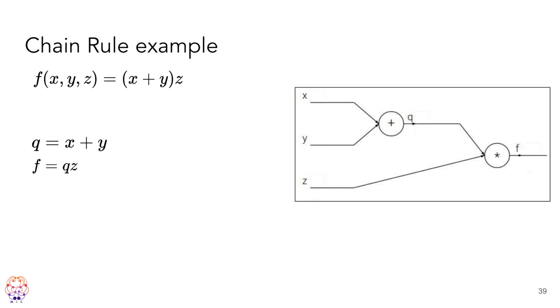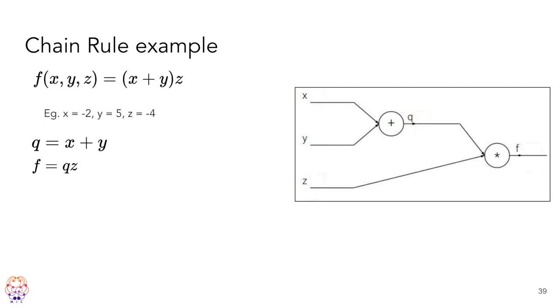We use this a lot in deep learning just to show how our network flows. And usually it's modeled by layers, but in this case, we'll model every single operation. So we model q, which is the sum of x and y, and then we have a multiplication operator to get f, so z times q.